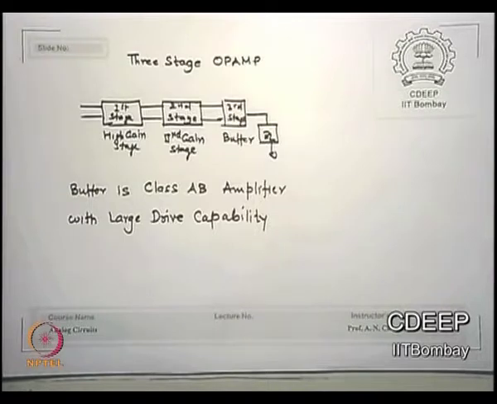To drive larger loads, we need larger currents, and buffers are the ones which provide larger currents. Is that correct? If you want larger current, what will be the W by L of the transistors? Larger or smaller? Transistor sizes should be larger.